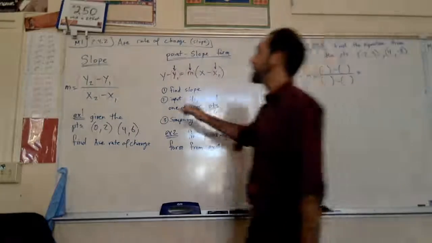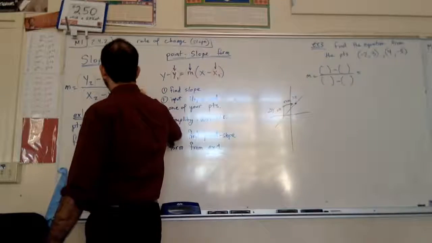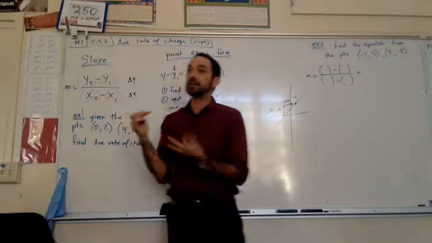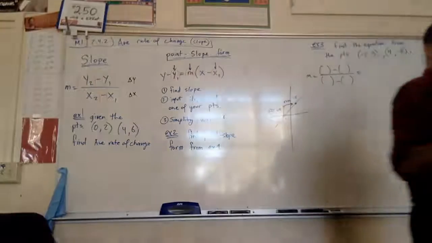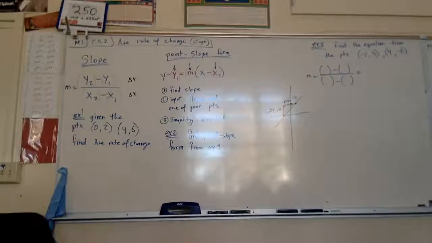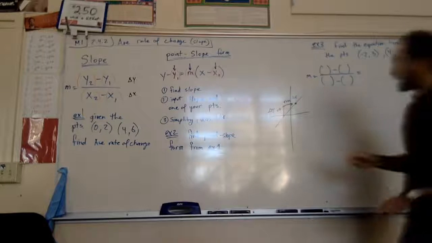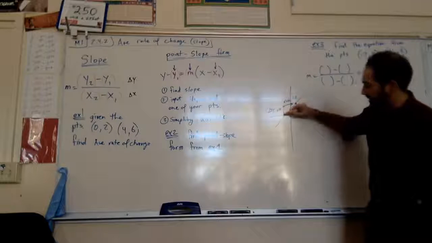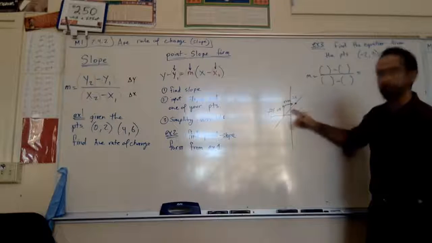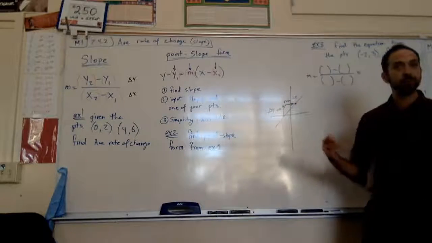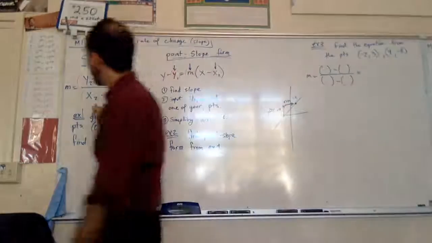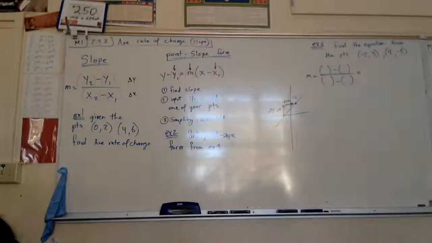It's essentially the change in your y's over the change in your x's. You guys have seen this before, right? Nothing new there. Okay. When we find the slope from 2 points that are not on the graph, we can't just say, well, I'm just going to count up how far it is to go between them and count over between them. You have to use this slope formula.